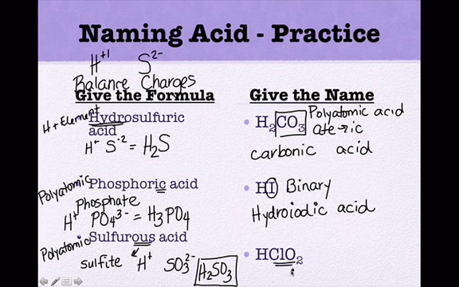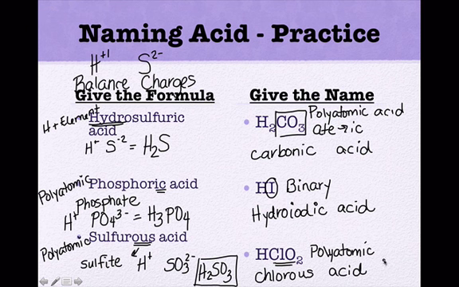If I look that up, because that's a polyatomic, I look it up under the anions list, and what I'm going to see is that is chlorite. Chlorite ends in ite, which becomes that OUS, so this is chlorous acid. I don't use the prefix hydro because it's a polyatomic.